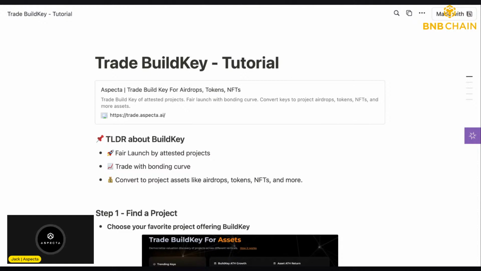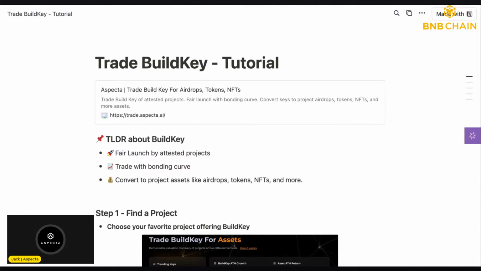We call it build key because we want the community to co-build things with the project together. The community can hold the project's build key, trade it on the bonding curve, and convert the key to token at a later stage.